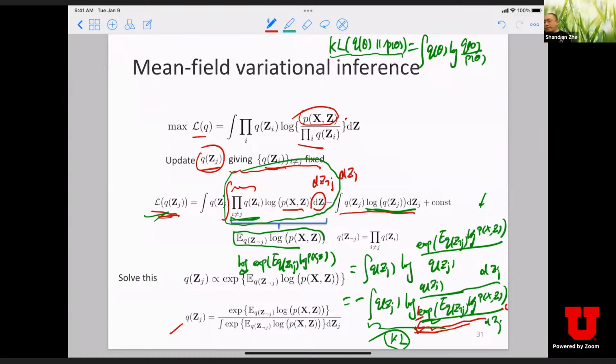So now we get our updating rule: Q(Z_j) is proportional to the exponential of the expectation of the log joint probability under Q(Z_not j). And of course, you need to compute the normalizer by integrating out this exponential term over Z_j.